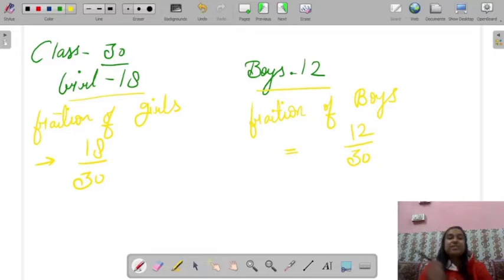So that's how you can describe how many girls and boys are there in your class. So let's move forward to the types of fraction and let's see how many types of fractions there are.